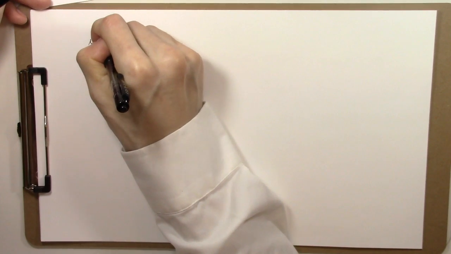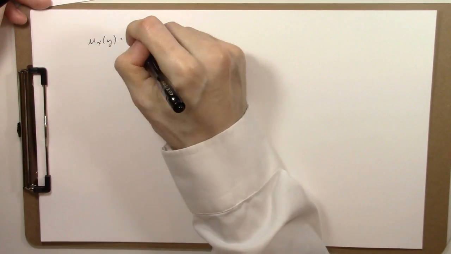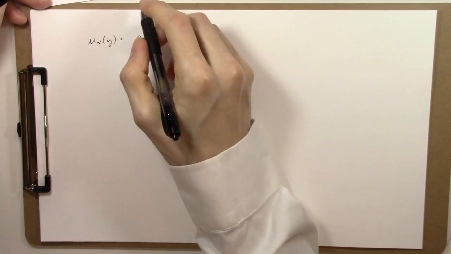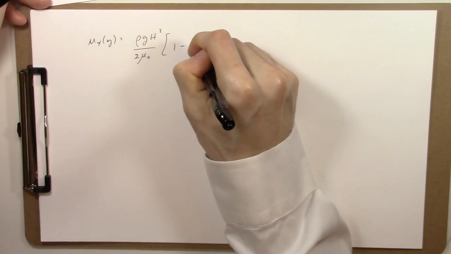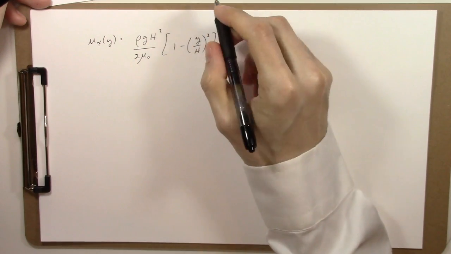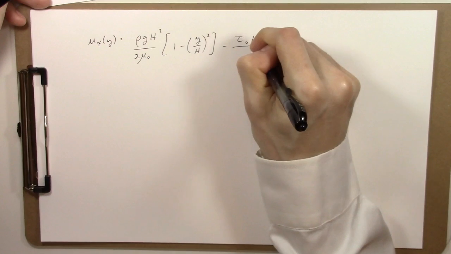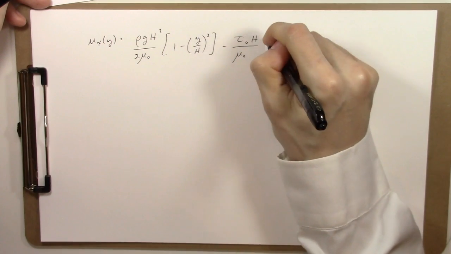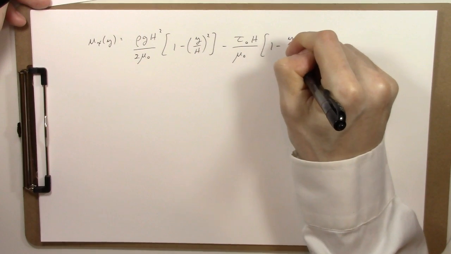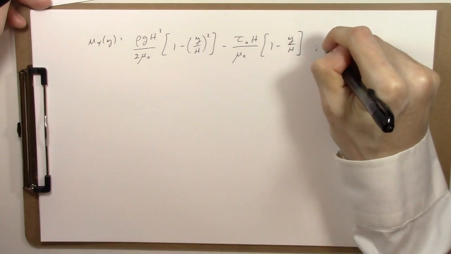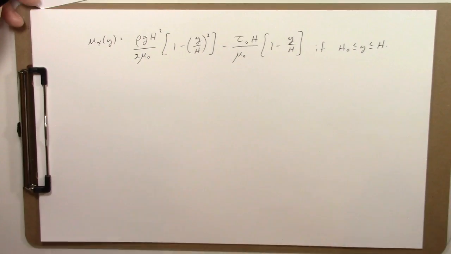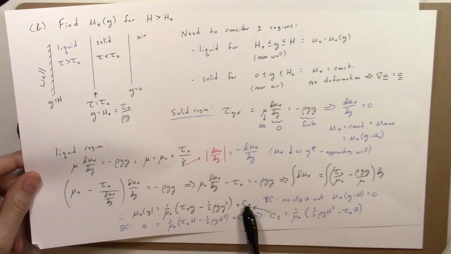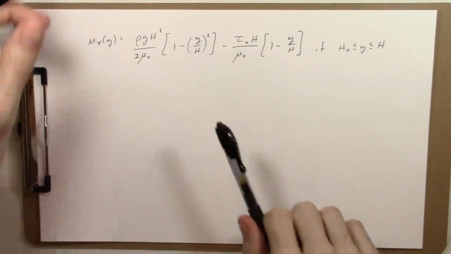And if we do that, we find that ux as a function of y is equal to rho g H squared over 2 mu naught times the quantity 1 minus y over H, squared, minus tau naught H over mu naught times 1 minus y over H, if y lies between H naught and capital H. So once again, we substitute C2 back in and rearrange that expression, and we get these two components.